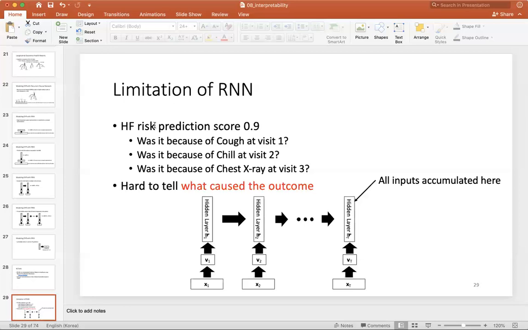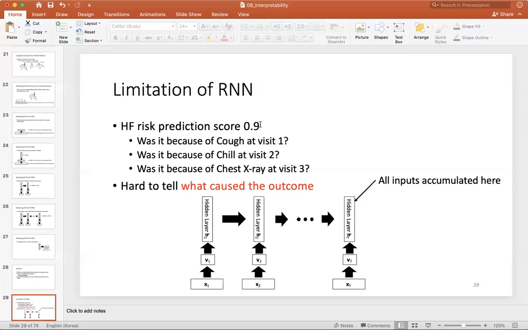So this is a typical scenario. If your heart failure prediction model based on the RNN model predicts a score of 0.9, which is exceptionally high, it's an exceptionally risky patient.